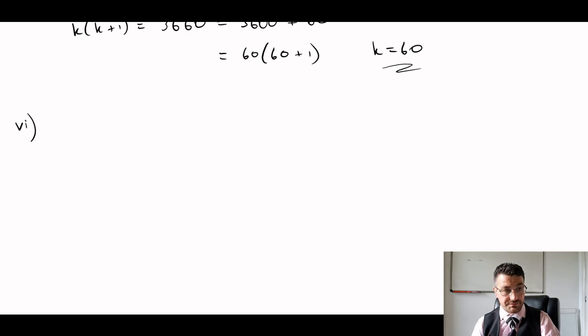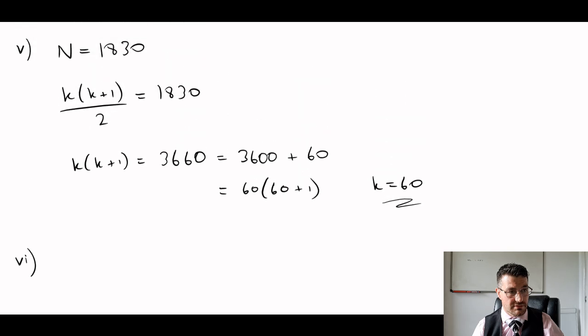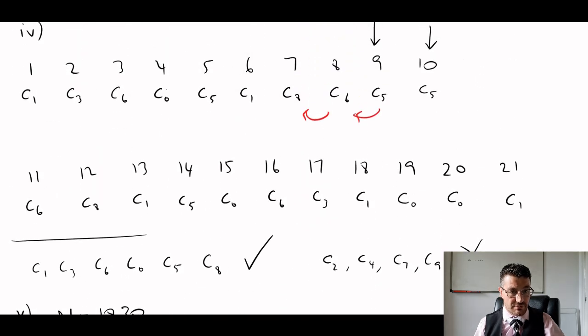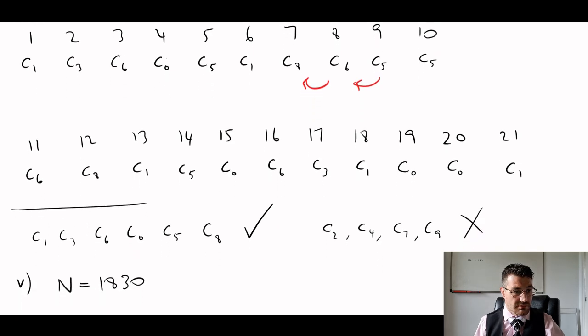Okay, so if we go back to the diagram, I'm not going to bring it back up on the screen. Actually, I'm going to have to, I think. Yeah, okay. So all you've got to do really is go along here, and so maybe where can I write it?